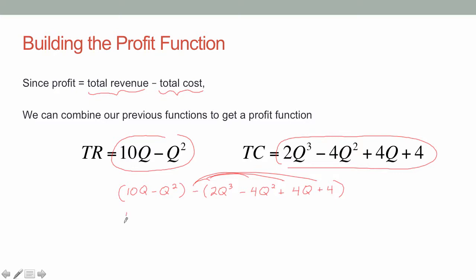So really it becomes 10q minus q squared minus 2q cubed plus minus gives me plus 4q squared minus 4q minus 4. And now we organize and put them into descending order.